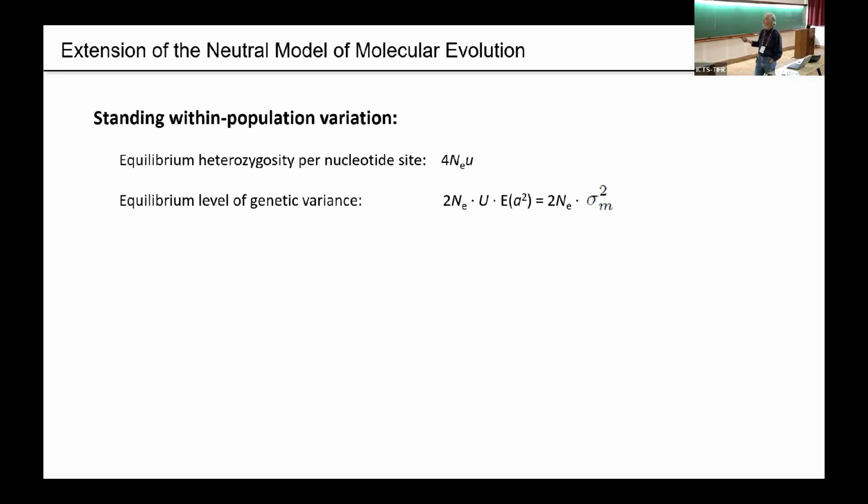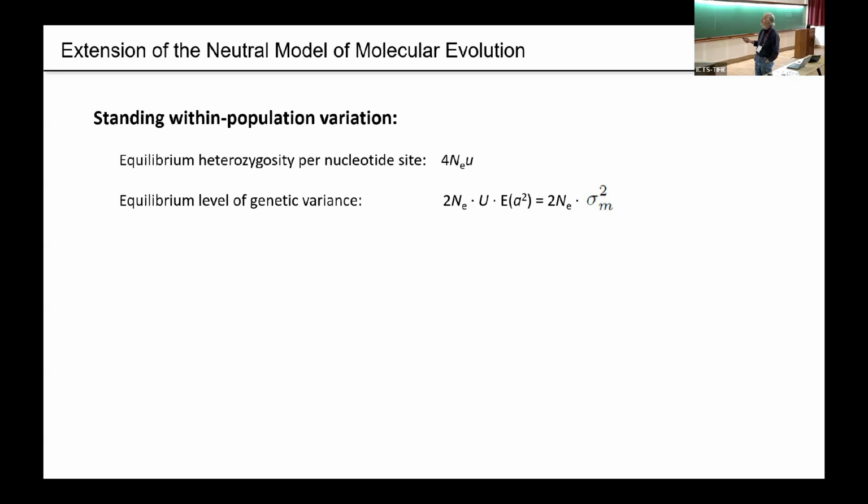So mutations bringing in new variation at rate 2u and pulling it out at rate 1/2ne, and that's the expected standing level of variation. And you can play the same trick for the equilibrium variation for a quantitative trait.